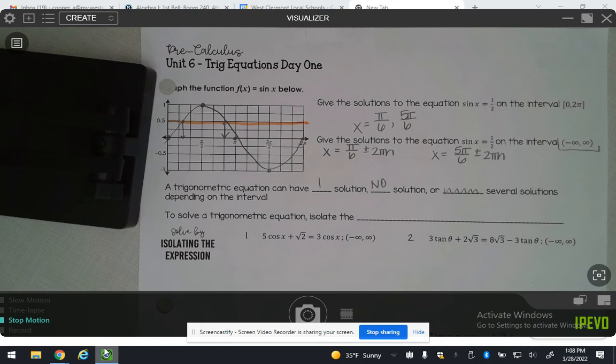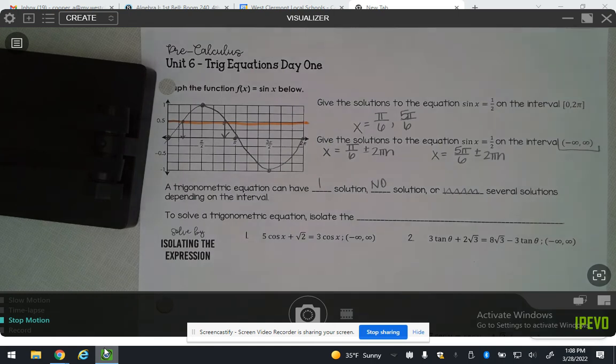If it is open, an infinite amount. The big thing, kiddos, when you're solving these equations, you need to make sure that you are reading all of the directions. Is it an open interval, so is it negative to positive? Do I have to add and subtract that 2 pi n? Or is there a closed interval over wherever?